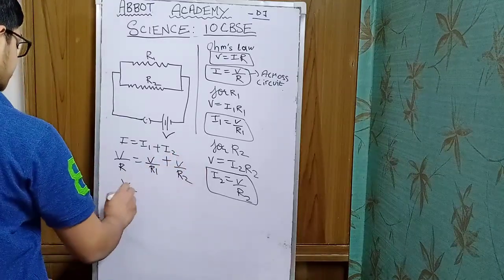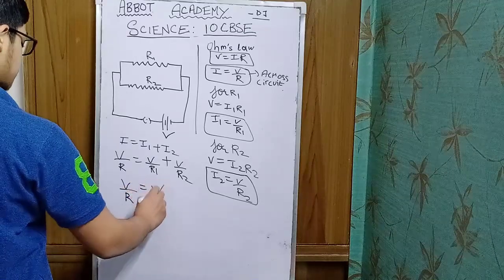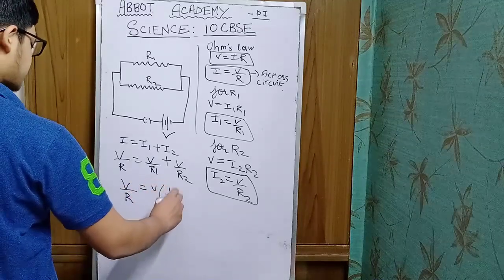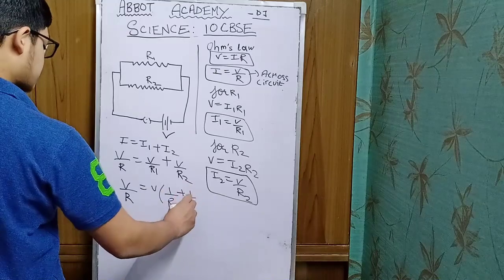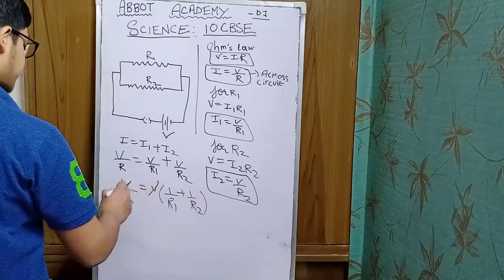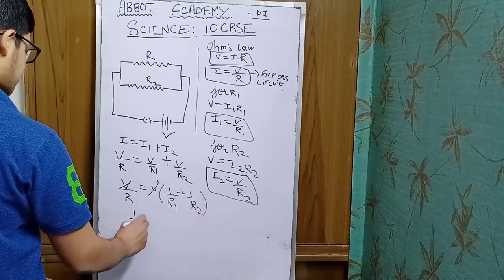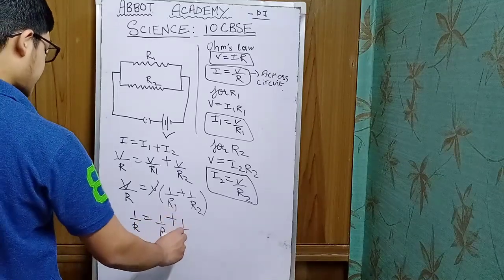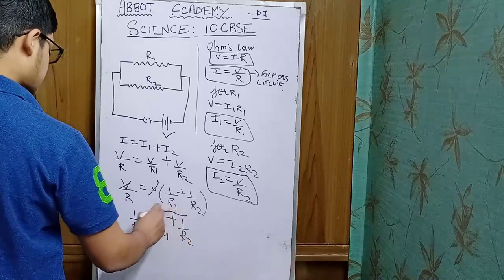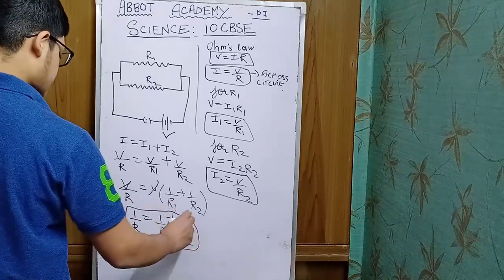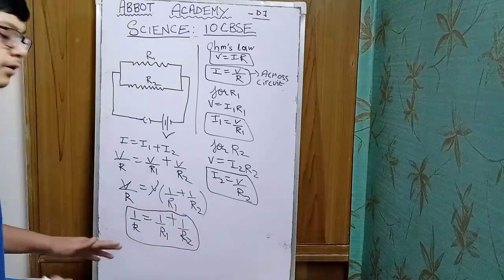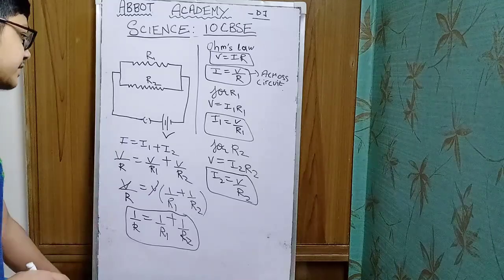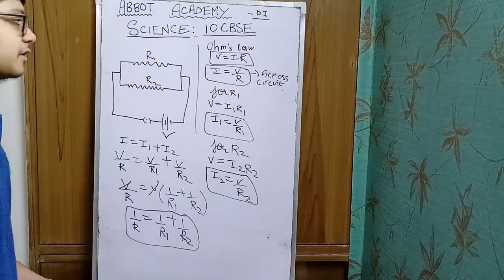Let us take V common. It results in 1 by R1 plus 1 by R2. V cancels out. So 1 by R is equal to 1 by R1 plus 1 by R2. Understood? Extremely simple derivation for parallel and series arrangement.